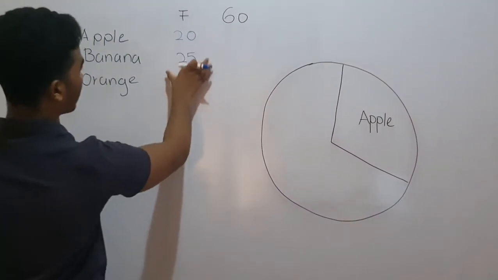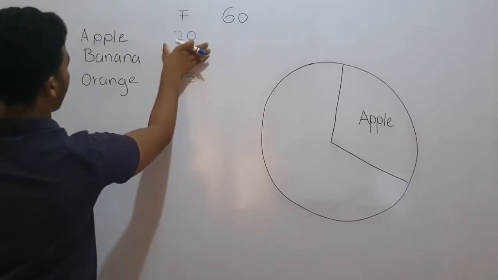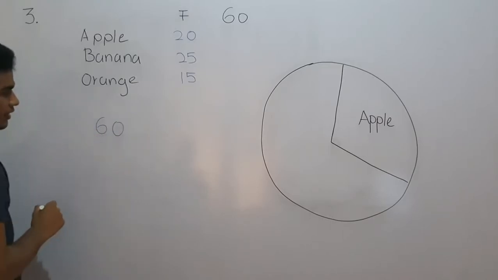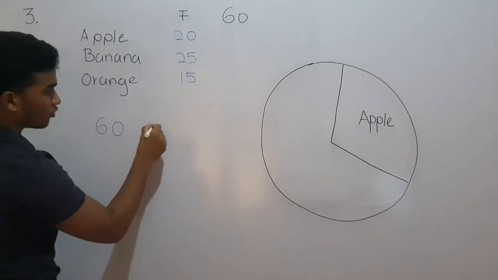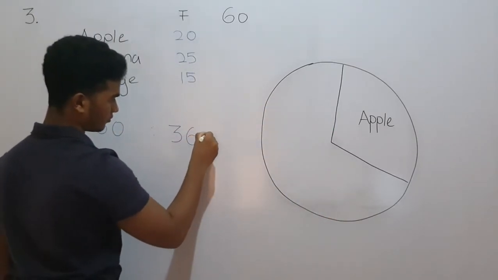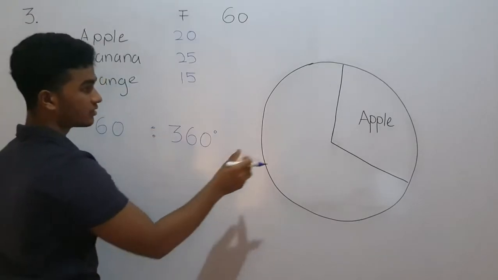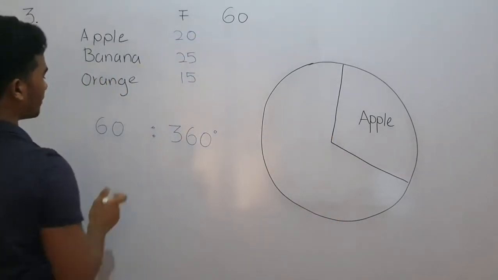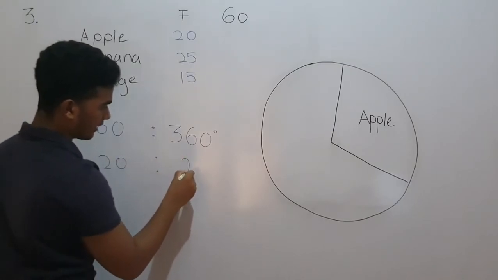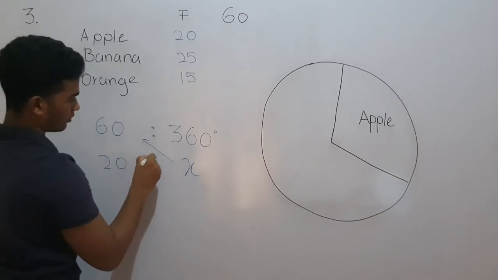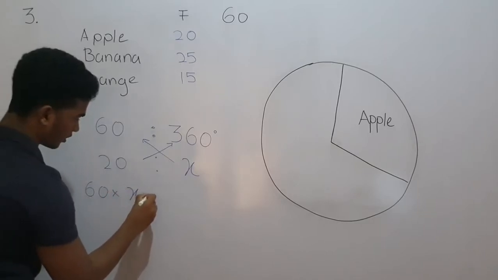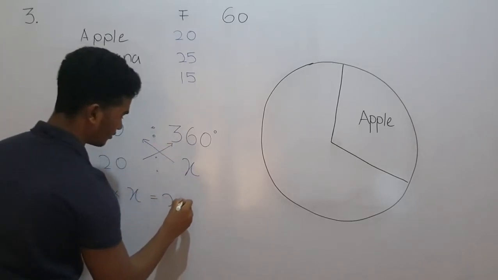Now we'll calculate the angles. The total fruit count is 60, and for this whole 60, it's 360 degrees. Then for 20 apples, we'll take the angle as x and then cross multiply. 60 into x equals 20 into 360.